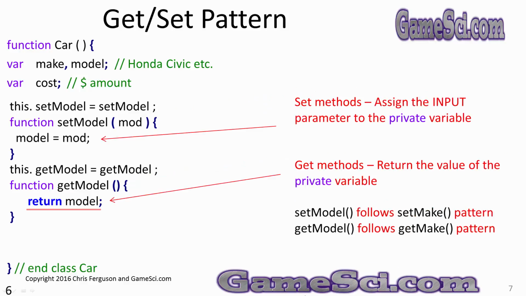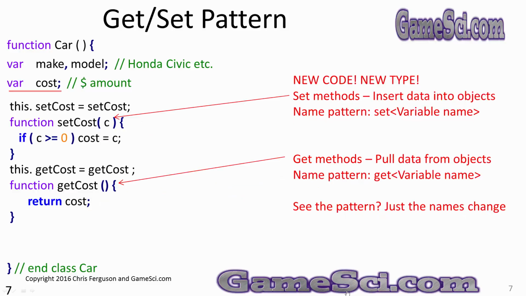Set methods assign the input parameter to the private variable. This code is doing almost exactly what the previous code is doing. Get methods return the value of the private variable. GetModel is returning back exactly what is stored in the model variable. SetModel follows the pattern for setMake. GetModel follows the pattern for getMake.